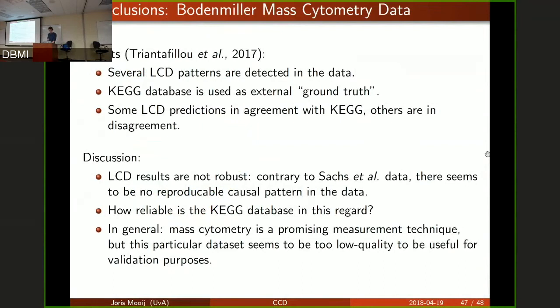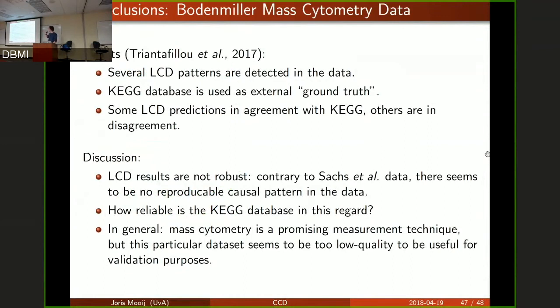But also, unfortunately, if you look more closely at this data set, these LCD results that you get are not very robust. So contrary to the flow cytometry data, here things change depending on what causal discovery method you use, how you tune your parameters, etc. So I didn't find anything reproducible in there myself. I was involved.